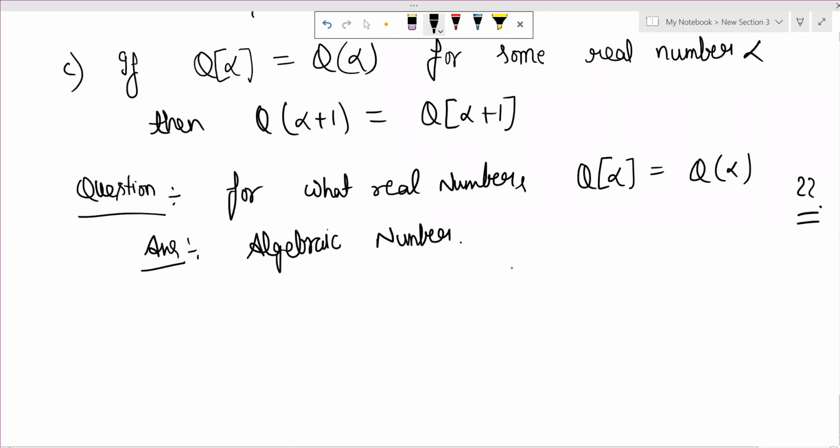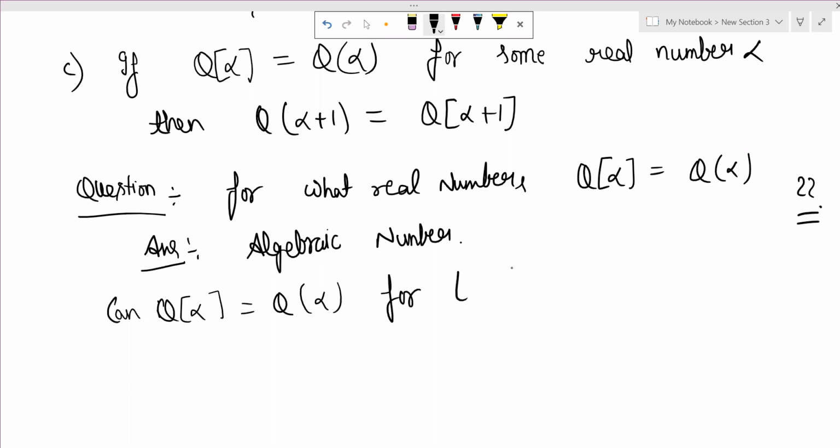Now the next question for you. Can Q[alpha] equal Q(alpha) for a transcendental number?